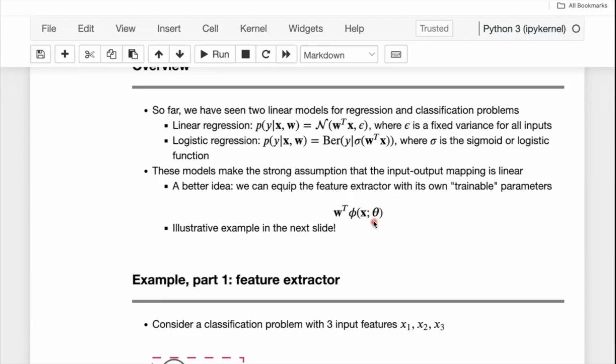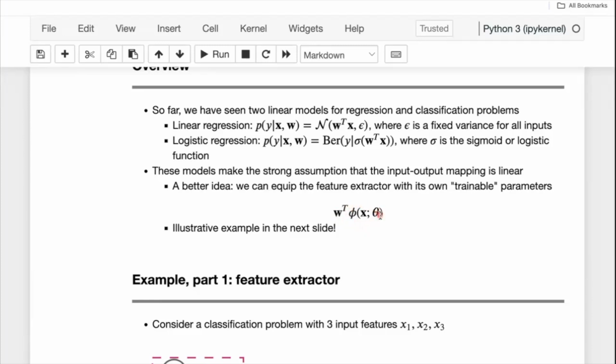If I want to put everything in the context of what we have seen, let's say w is the weight vector that we have for solving the linear regression or logistic regression problem, but we don't necessarily have to apply these to exactly the input feature vector.